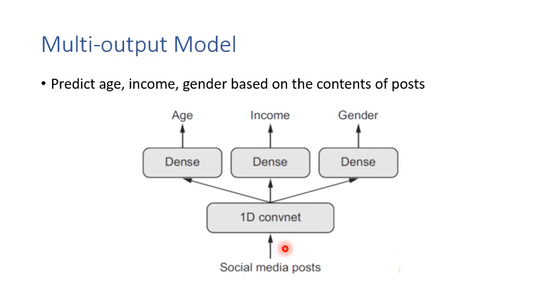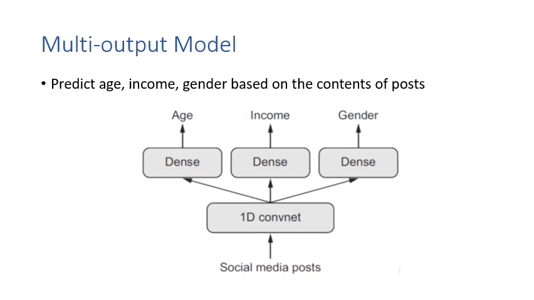So we can use, for example, 1D convolution to process the text in the post, and then use the extracted features to predict different information like the age, income, or gender. All of them use a dense layer, but we can also use different types of layers. So we can share the same feature base model and then retrain to predict different questions.